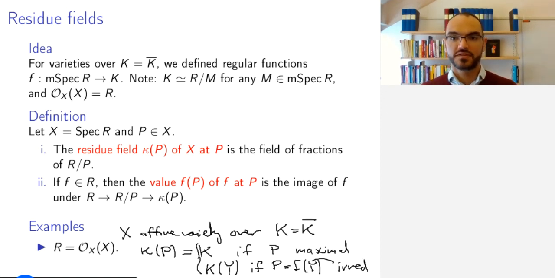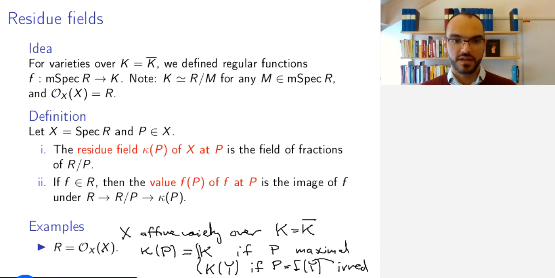So what does it mean to evaluate an element of R at P? Well, the element of R now, these are global functions on the affine variety X.